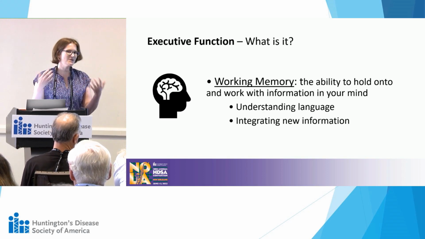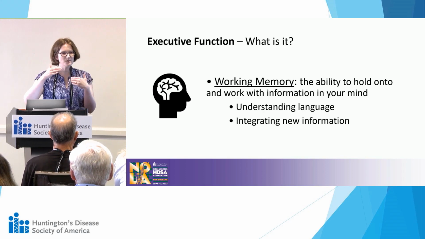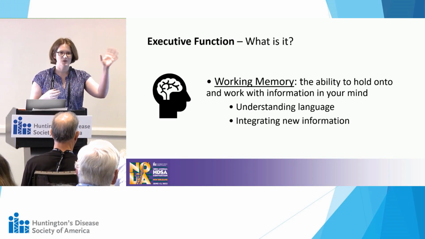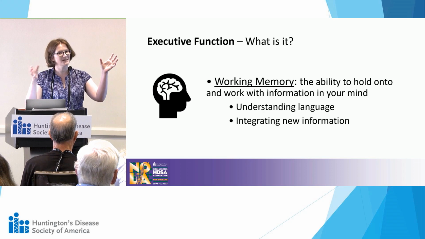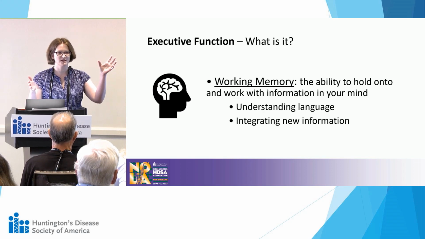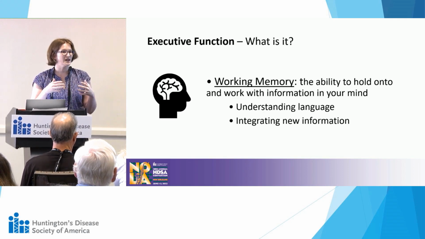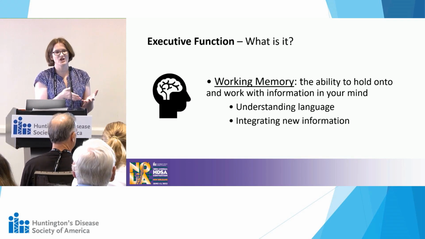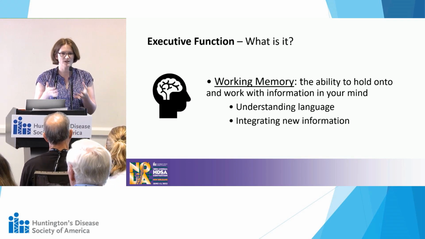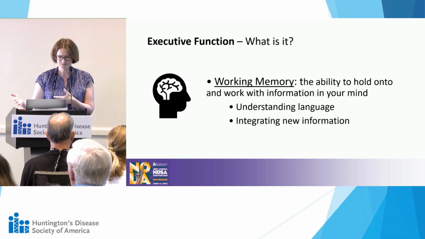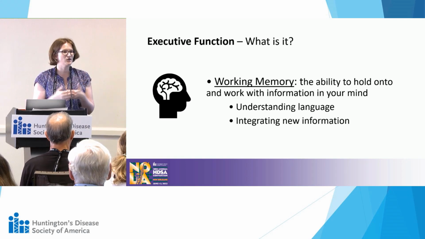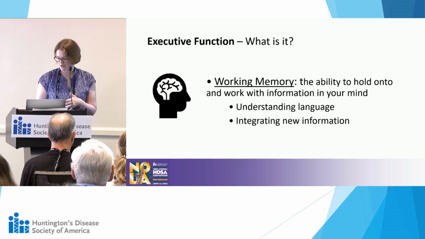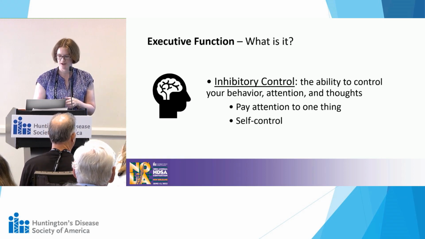That means if somebody gives you steps, like directions, a list of directions, you can remember the first thing that they said and relate it to the most recent step in the directions. It means when you're reading a book, you can recall what happened a little bit earlier in that chapter as you're reading what's happening now in the story, and kind of integrate that new information together. So that's our first part of executive function.